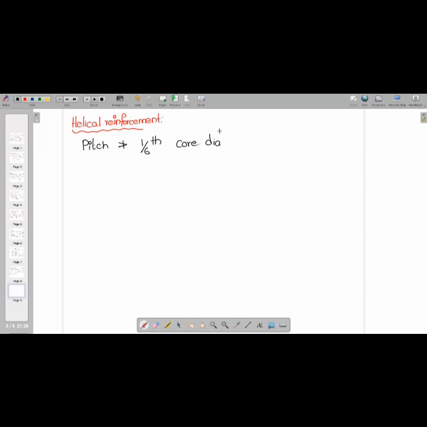In helical reinforcement, pitch should not be greater than 1/6 of the core dia of the column, or should not be greater than 75 mm.